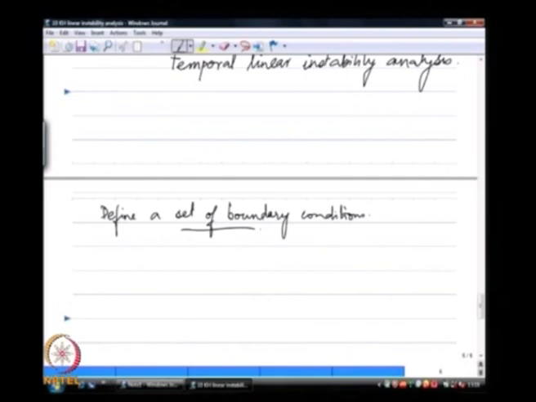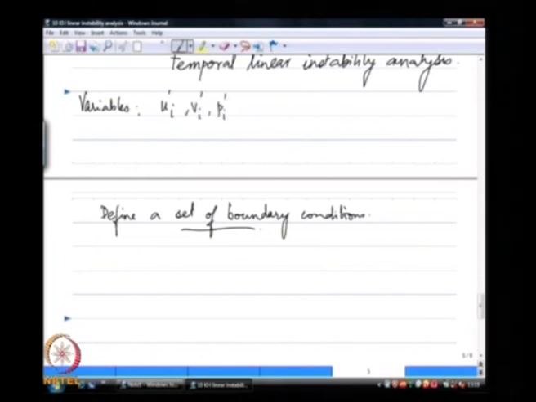Before that, we will quickly make a list of all the variables that we have: u i prime, v i prime, p i prime, each of these for i equal to 1 or 2, and eta 0. Eta 0 is the amplitude of the disturbance.